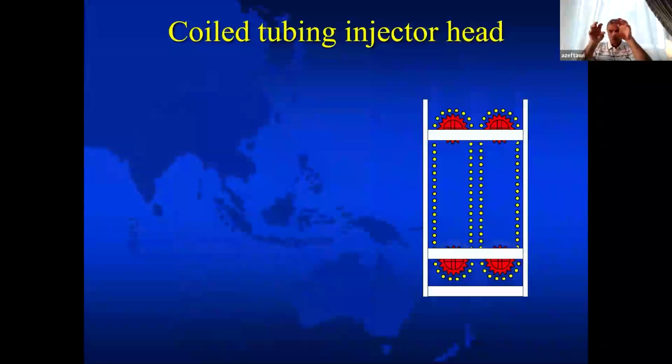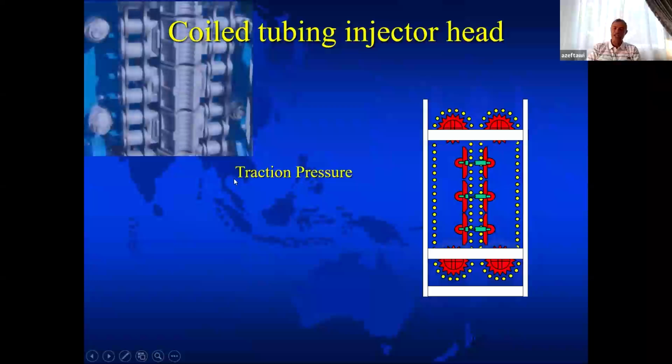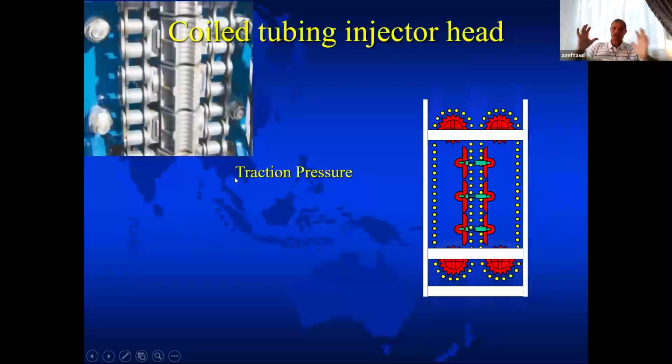Let us go to the core of the injector, where we have these sprockets attached to the motors, and these are our chains. And we have what we call traction pressure, because we have to apply pressure to the chains so they grip on the pipe to hold it.